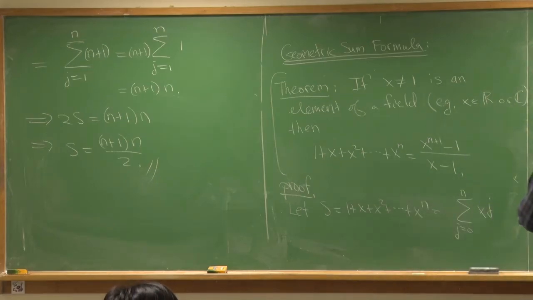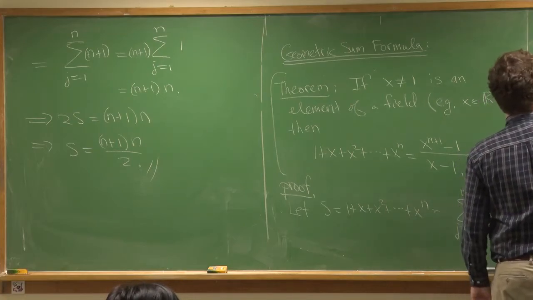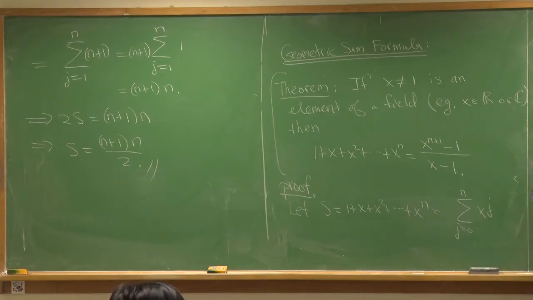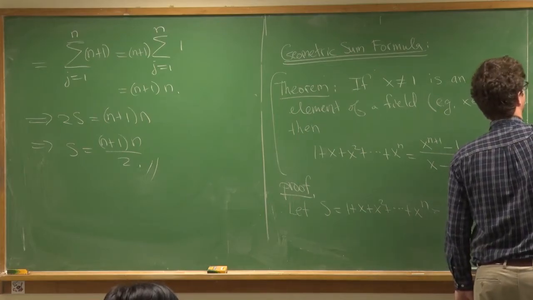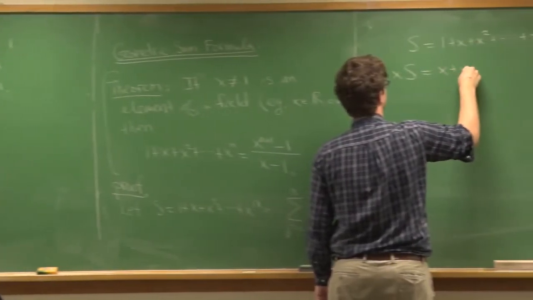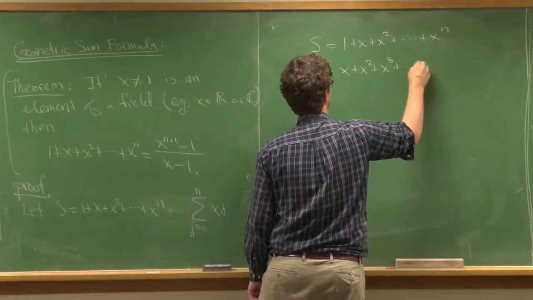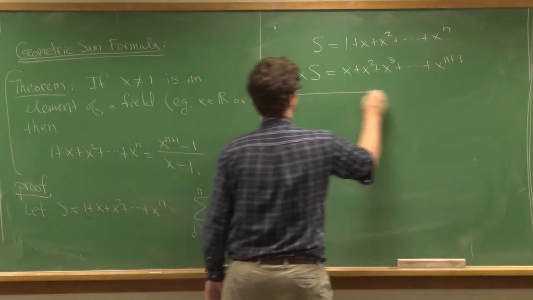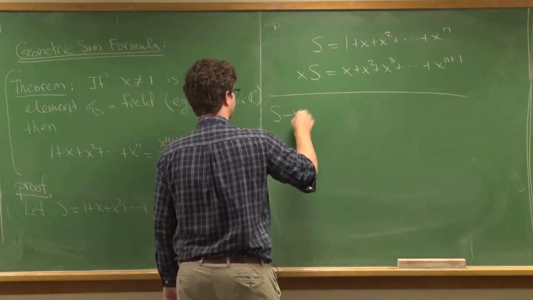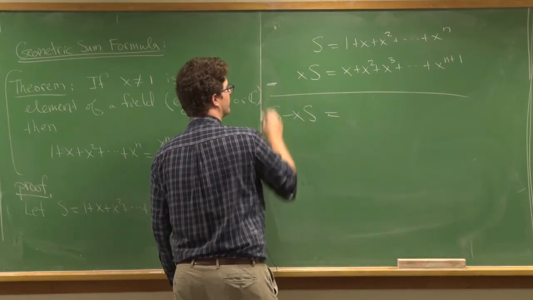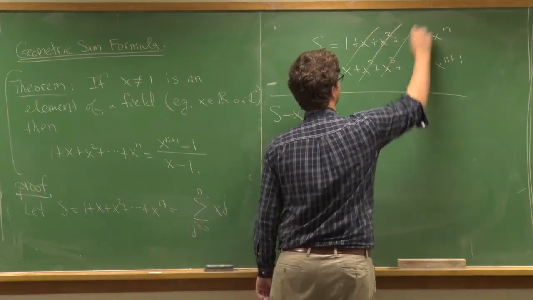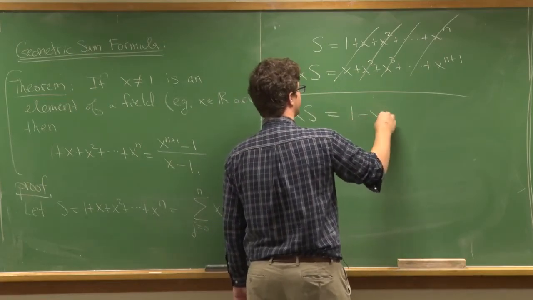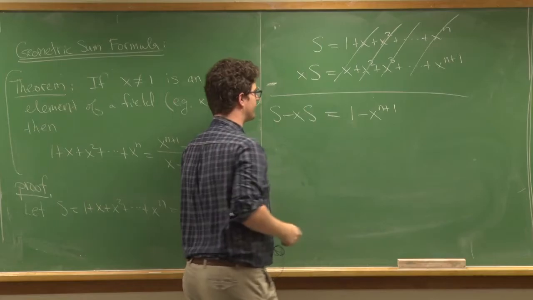Okay, so notice that if we have S here, I'm just going to copy it down again. And so here's the trick: I'm just going to multiply everything times x and distribute it. Okay, and if we subtract them, so we have S minus xS, this goes away, all the way up to this one here, and then we get 1 minus x to the n plus 1, since we're subtracting these two sides.